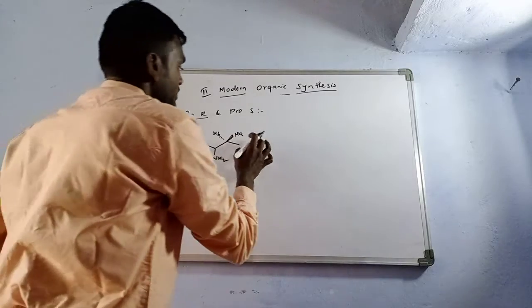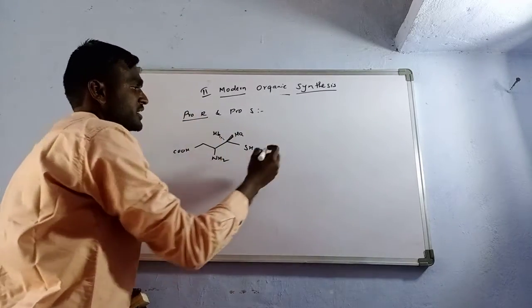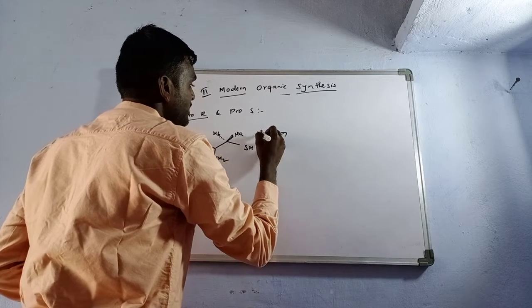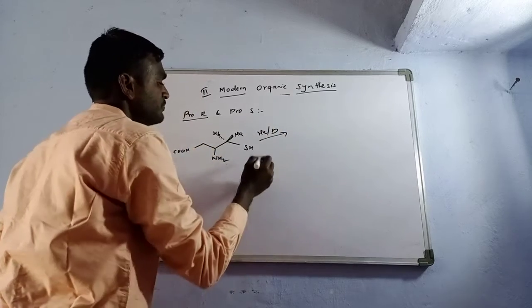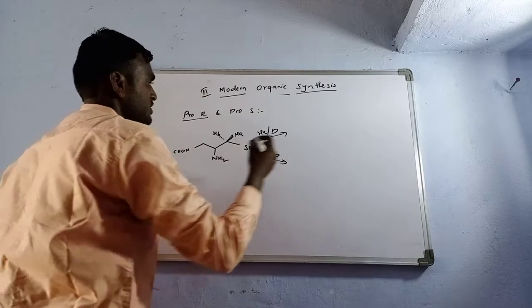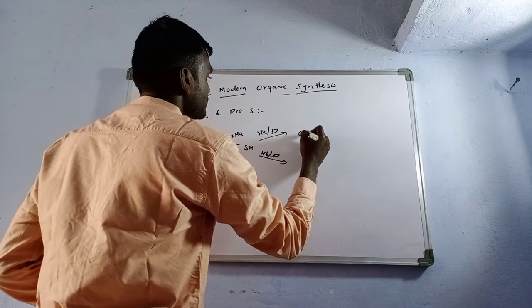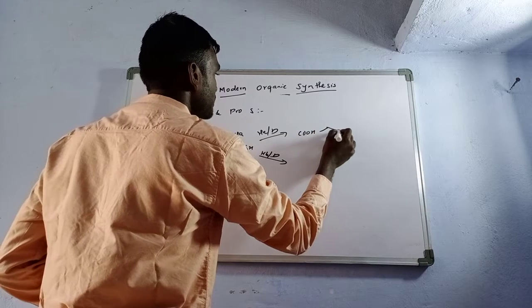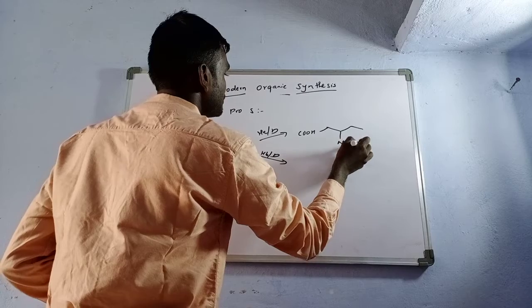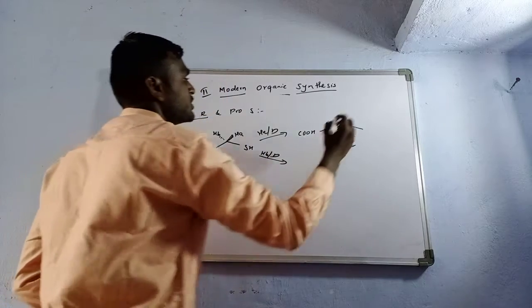Any heteroatom can be taken here. This is the amino acid. If HA is replaced by deuterium, and if HB is replaced by deuterium, see what happens here. It's OH here, and here NH2, and HA will be replaced by deuterium.